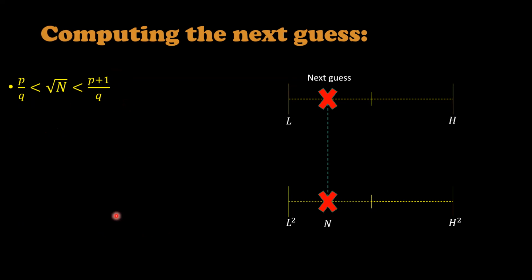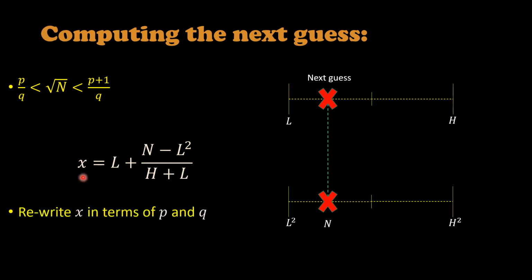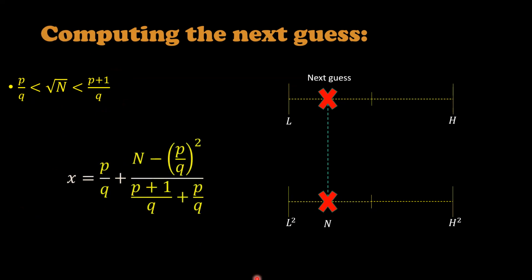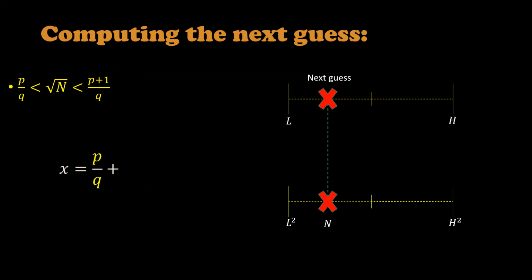Then we want to take our original guess and just rewrite it in terms of these P's and Q's. So just replace the L with P over Q and the H with P plus 1 over Q. And if we do that, we end up with this gnarly looking thing, and we can simplify it.